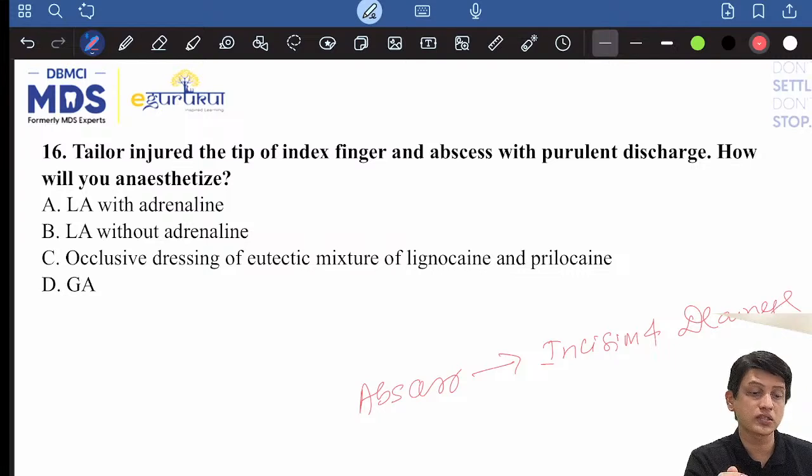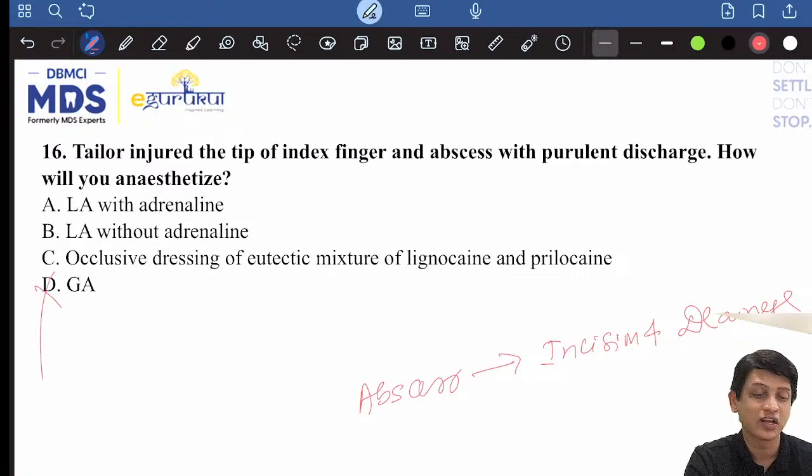So the question is, how will you anesthetize the finger before doing incision and drainage of this abscess? The options are local anesthesia with adrenaline, local anesthesia without adrenaline, occlusive dressing of eutectic mixture of lignocaine and prilocaine, or general anesthesia. What is the answer? General anesthesia is ruled out, GA is not at all required.